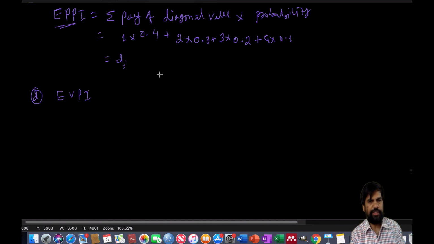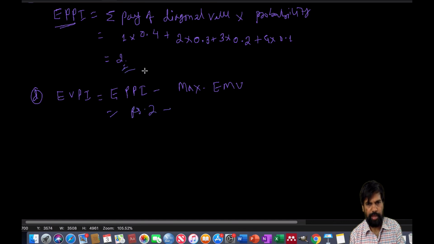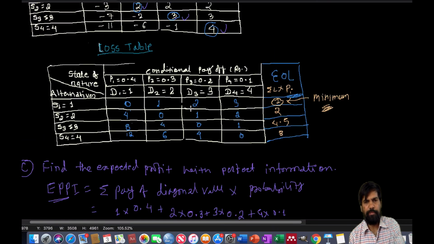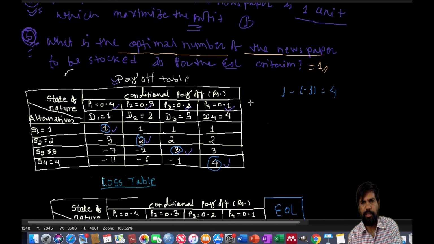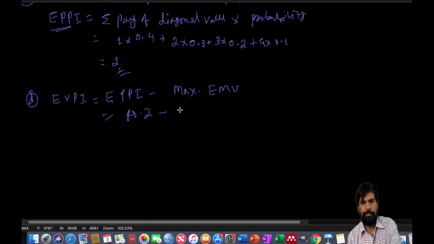The cost of uncertainty is equal to EPPI minus the maximum EMV. We have EPPI as rupees 2, and the maximum EMV from the table is 1, so the maximum EMV is rupees 1. So the cost of uncertainty is equal to rupees 1.